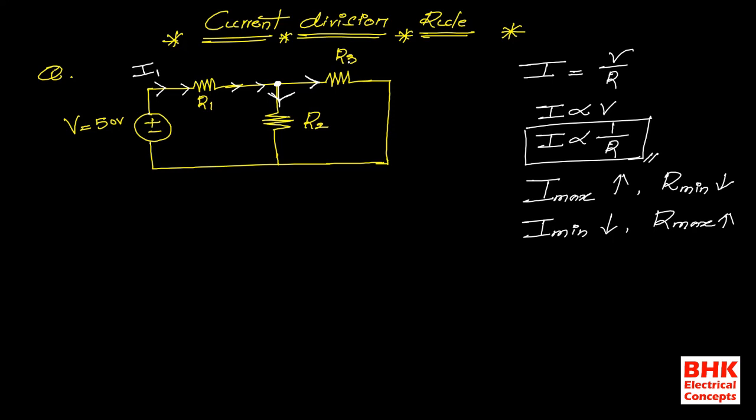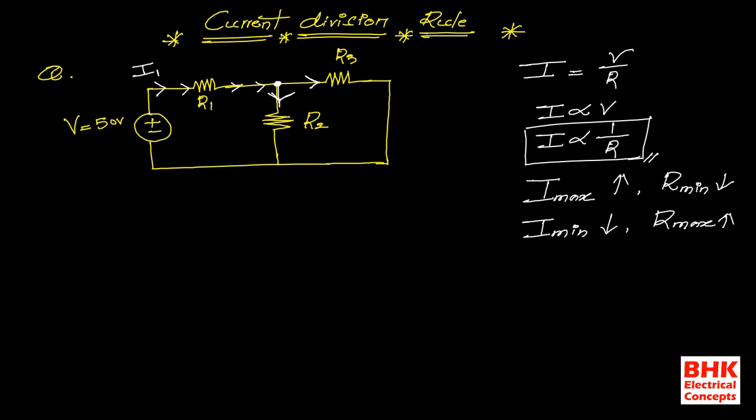That is why, after the current I1 reaches this point, it divides into the R2 branch and the R3 branch, and the current in each is decided by the resistance connected in that branch.